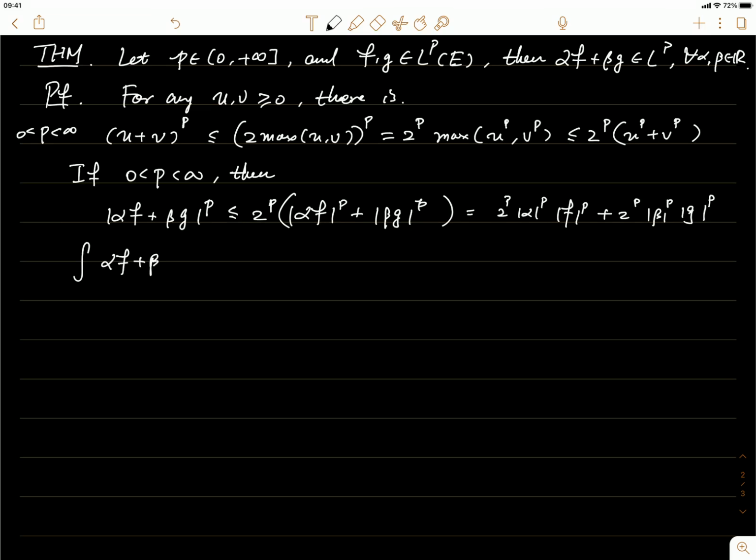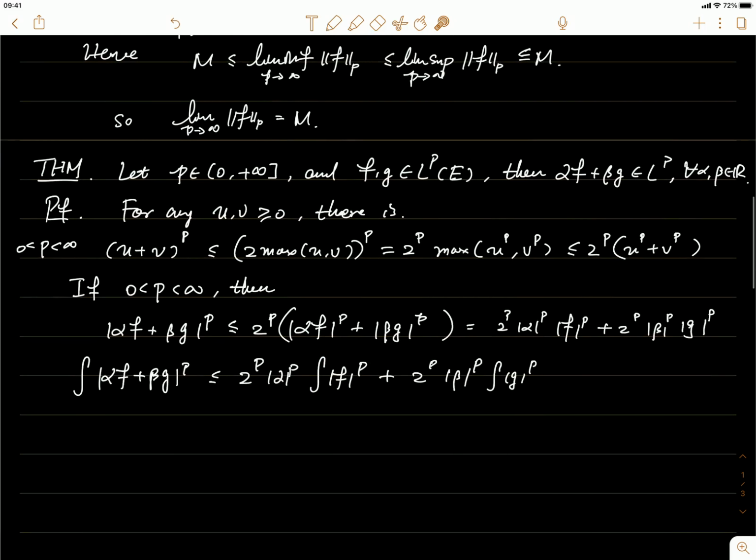You can see that this to the power p is less than or equal to 2^p alpha^p times the integral of f to the p plus 2^p beta^p times the integral of g to the p. Okay, and then we know that on the right hand side, this is finite because f is in L^p, so the p-th root of this is finite. That just also means that this is finite.